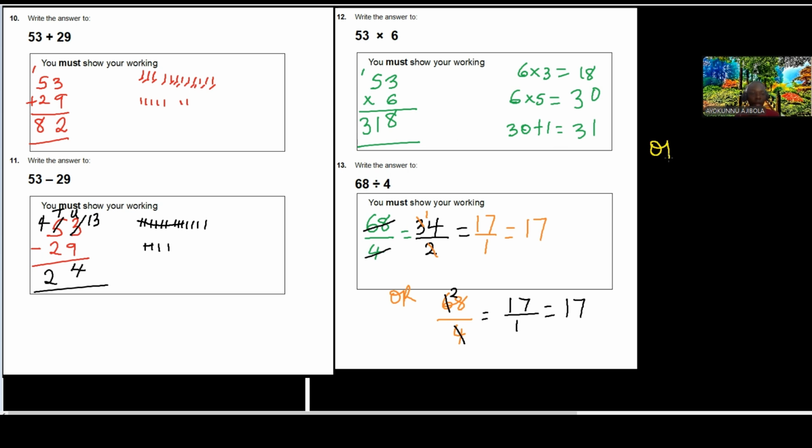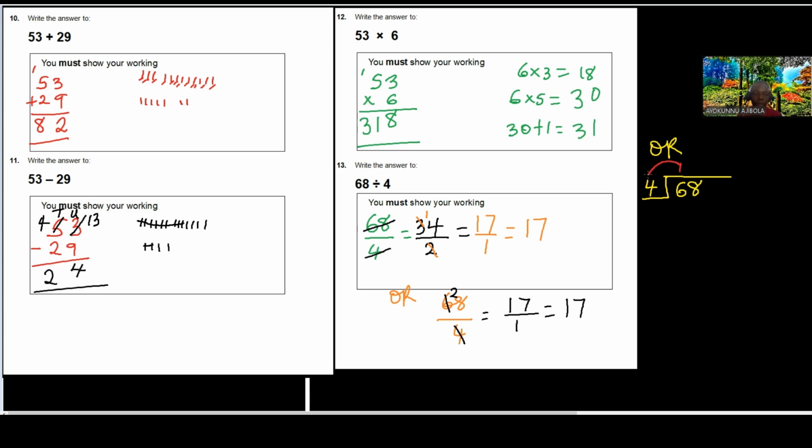Or I might use the long division process, okay? I have 68 in the box, then I have 4 out of the box. So let's see. How many 4 is in 6? That's 1, okay?